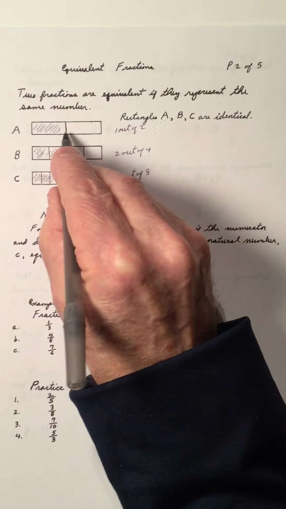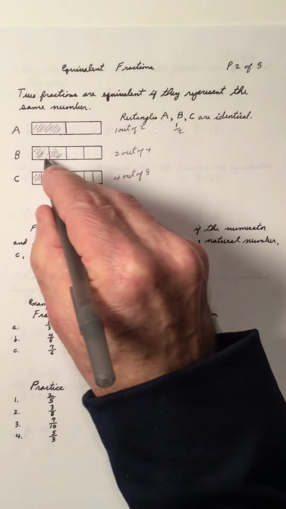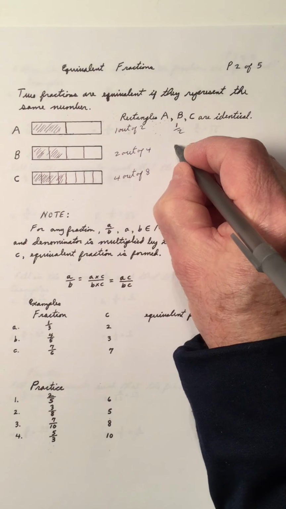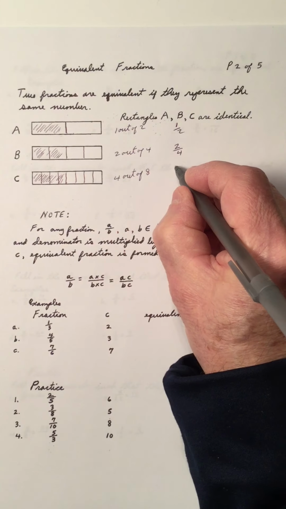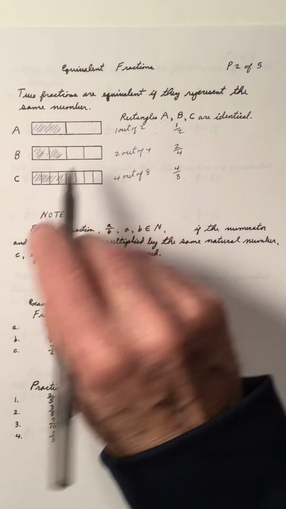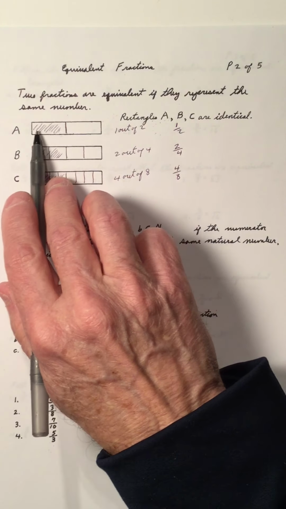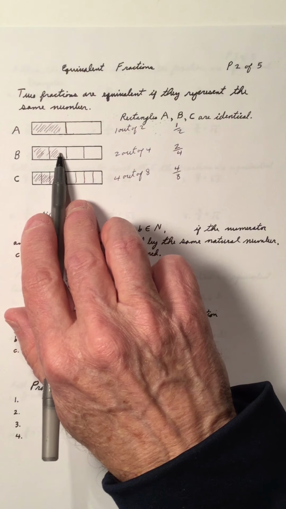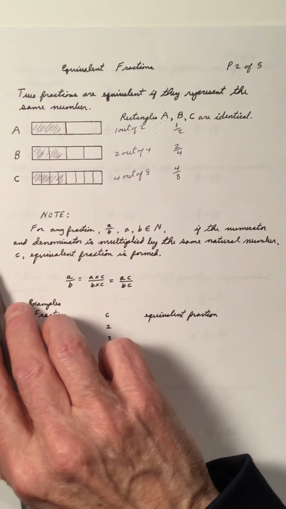So 1 out of 2 would be a fraction of a half. 2 out of 4 would be a fraction of 2 over 4. And 4 out of 8 would be a fraction of 4 over 8. Notice that these are identical, so this one piece is equivalent to 2 of these, is equivalent to the 4 of these.